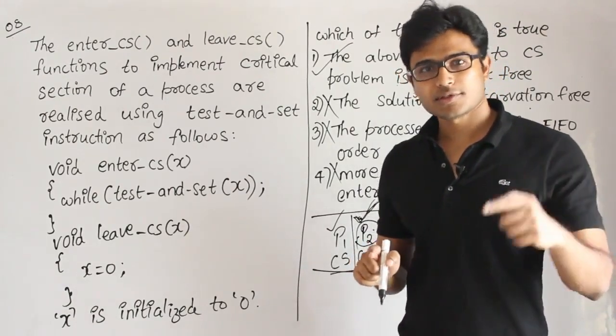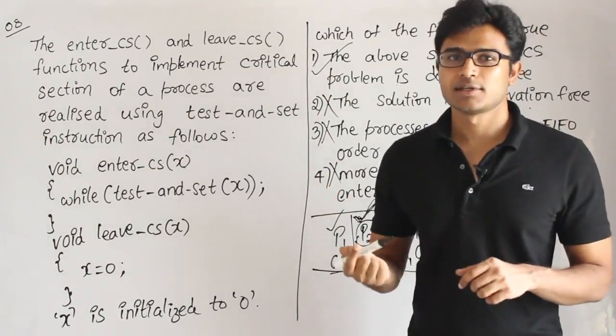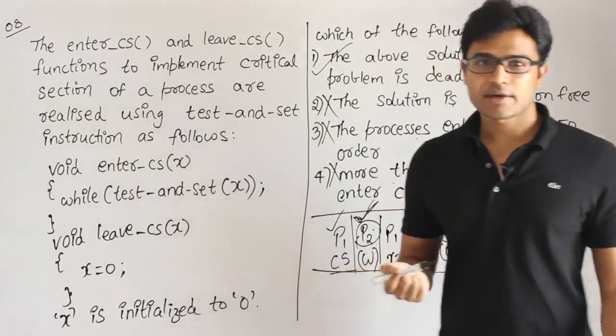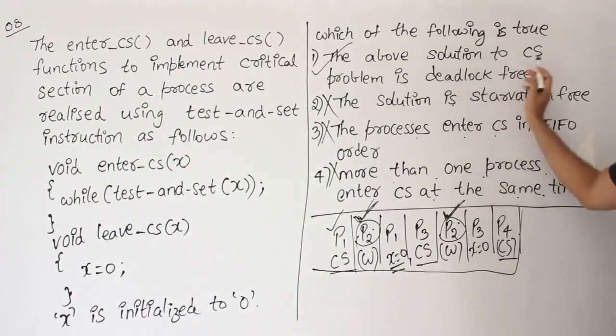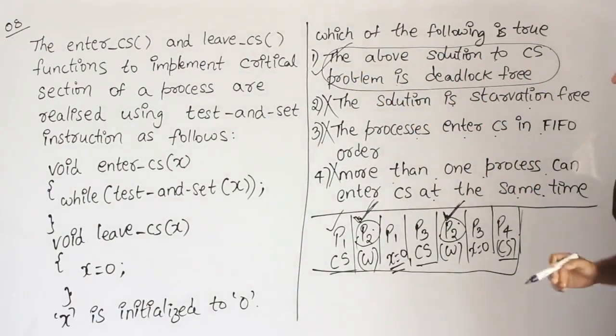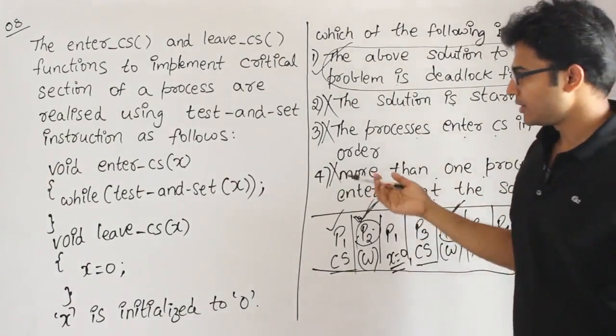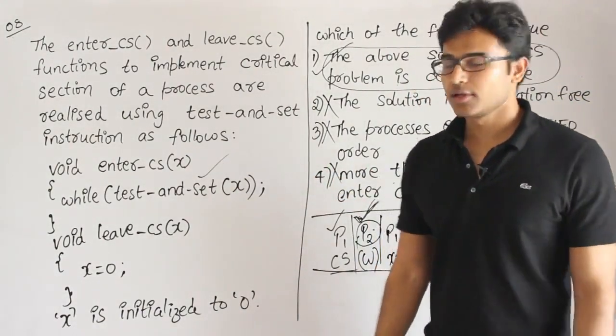Therefore, no process can enter in the middle and look at the value of the lock before it is set again. So mutual exclusion is guaranteed. I told you, right? It is deadlock free, and mutual exclusion is guaranteed. Progress is not guaranteed, and TSL has to be provided by the operating system, which means it is architecture dependent. Got it?